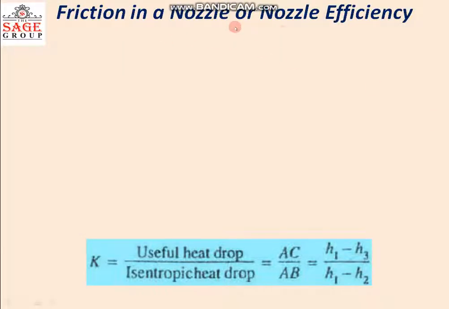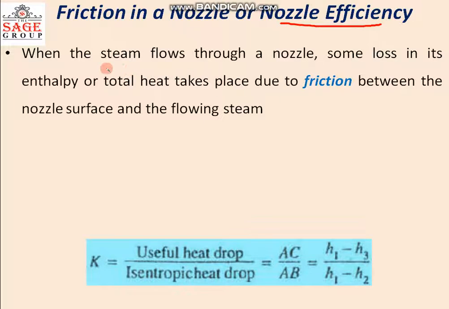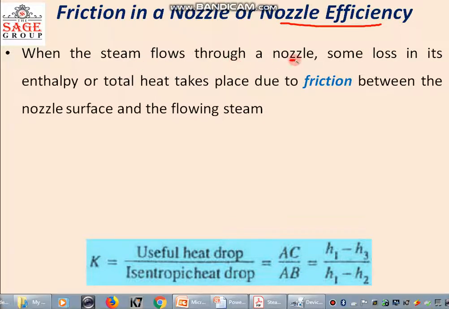Now, the friction in nozzle or nozzle efficiency. So, when the steam flows through a nozzle, some loss in its enthalpy or total heat takes place due to friction between the nozzle surface and the flowing steam.